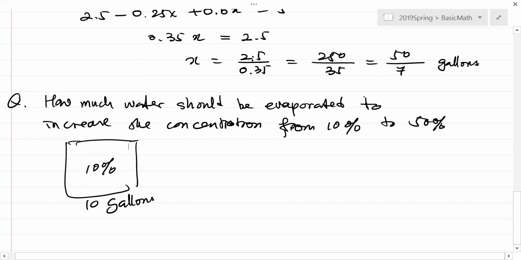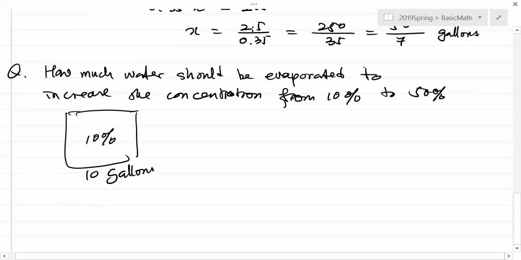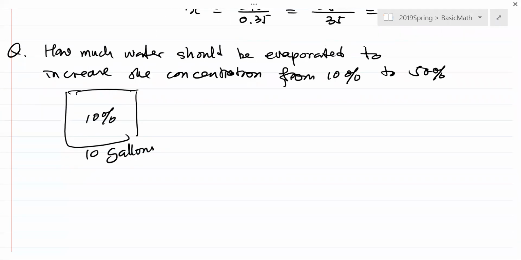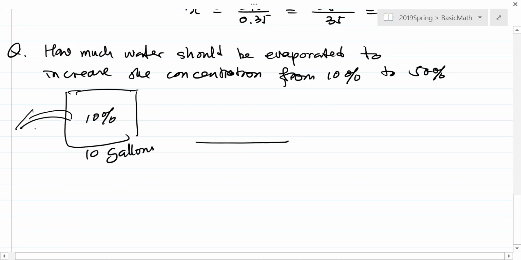Here, you're supposed to get rid of X gallons of water, right? So the total amount will be 10 minus X.